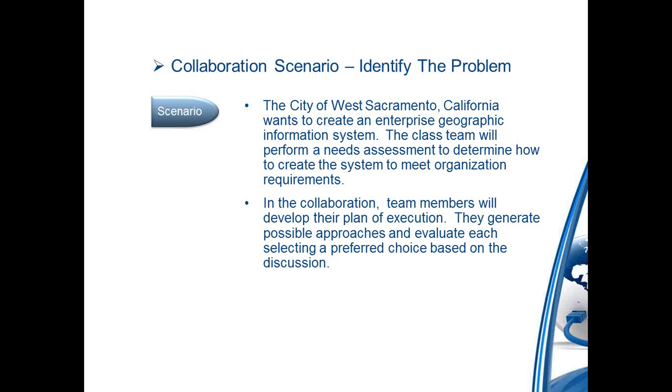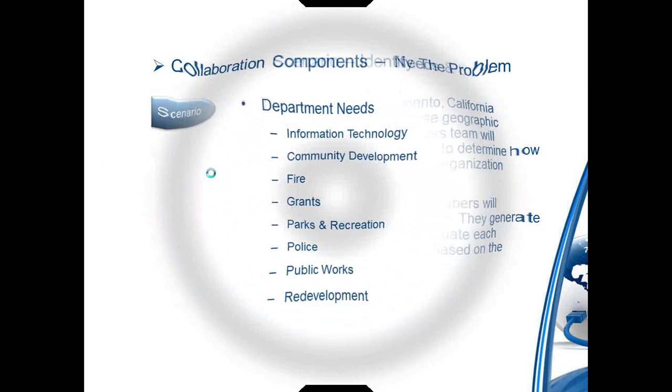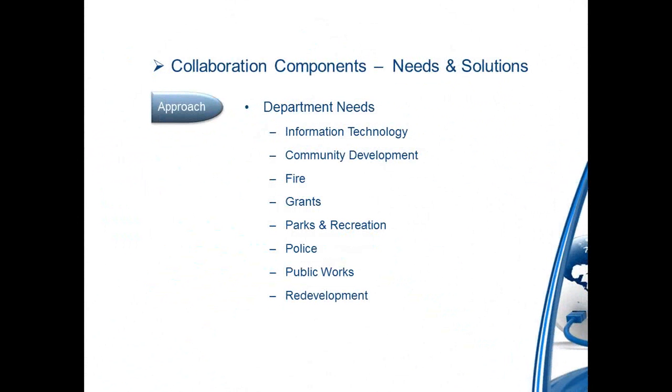And we have role-playing going on. We'll have an active project manager who is a student playing that role. And then we'll have students who are project participants who will investigate police, public works, parks and recreation, and information technologies for the city of West Sacramento. So in order to perform this exercise, the collaboration components are needs and solutions.